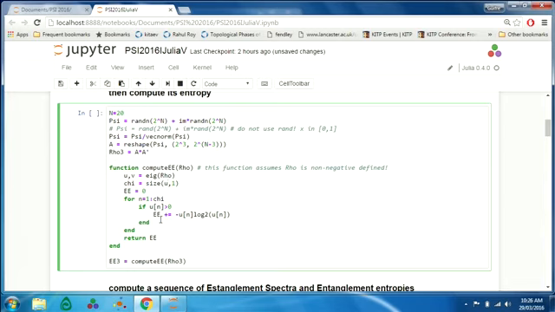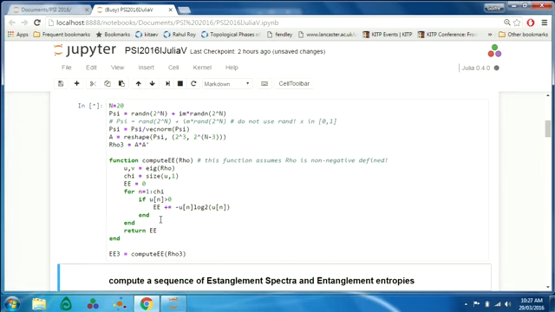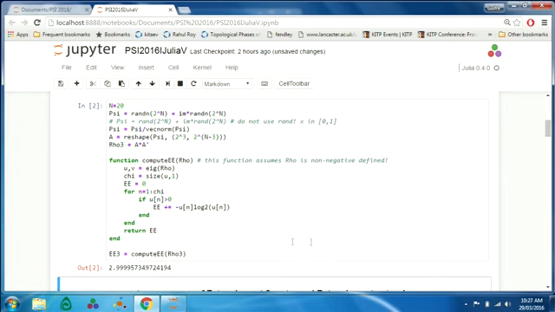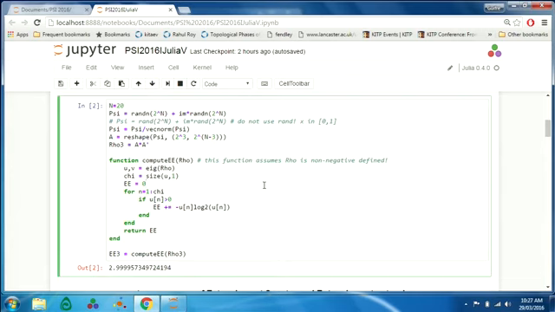Okay, so let's try this. And here we have it. We've computed the entanglement entropy between 3 spins, or 3 qubits, and 17 qubits in a random state of 20 qubits. And the first observation is that this number is 2.9999. Let's run this again and see how this entropy depends on the initial state.